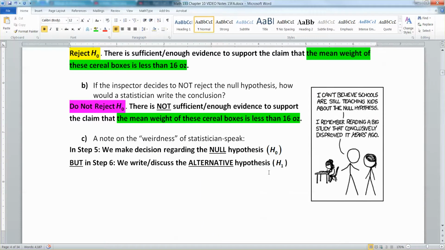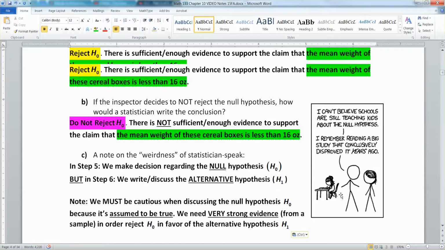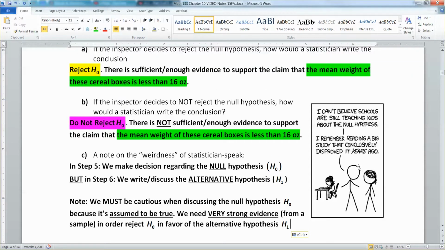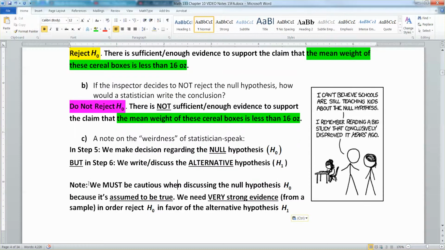And the other thing to notice here, and it's what this little cartoon is making a joke about over here, is that we have to be kind of cautious about rejecting the null hypothesis, right? So it's assumed to be true. And you need strong evidence in order to reject that. Because it's assumed to be true, you're going to let it stand unless you get pretty strong evidence. Now, how strong is strong enough? Well, we'll talk about that in a later video.